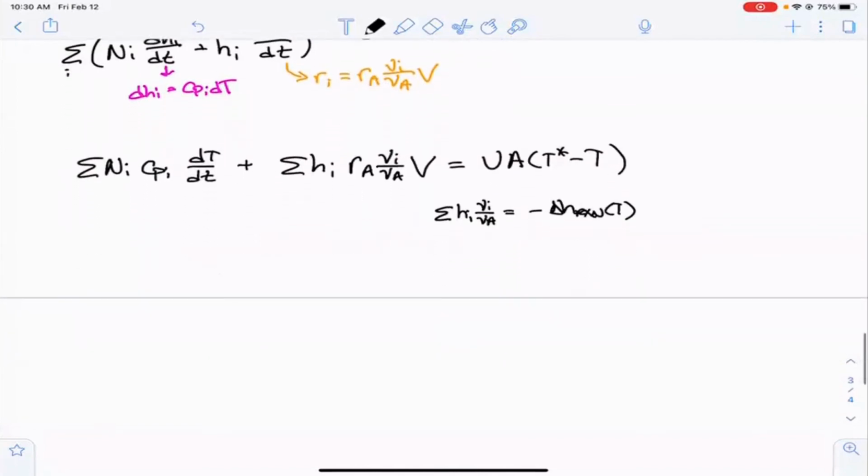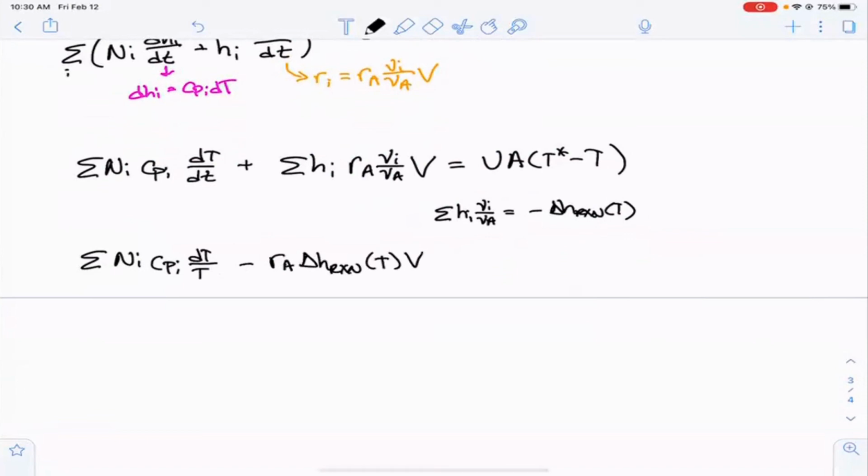And so if we do that, this becomes the sum of Ni CPi dT/dt minus Ra times delta H of reaction times the volume equals UA times T star minus T.